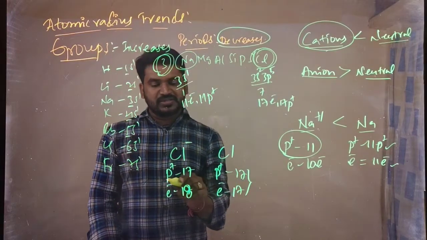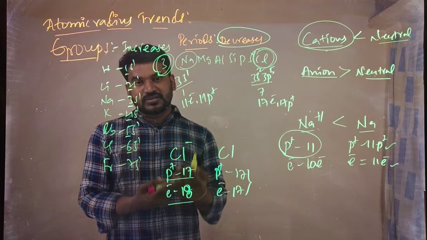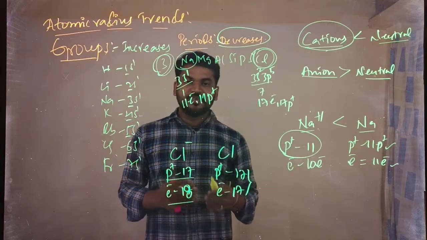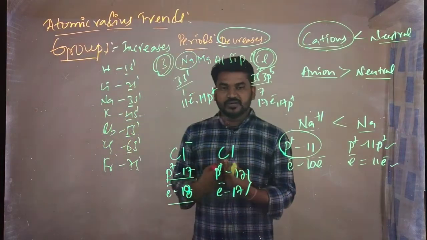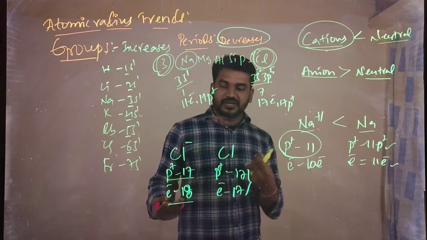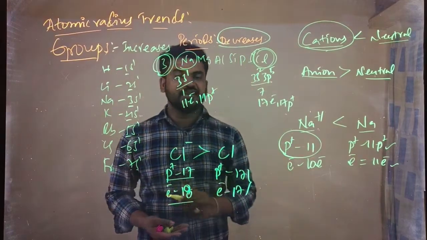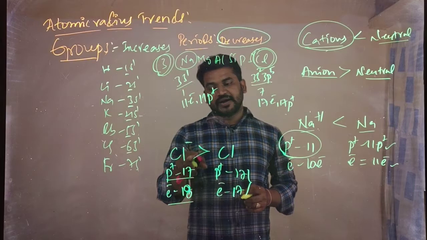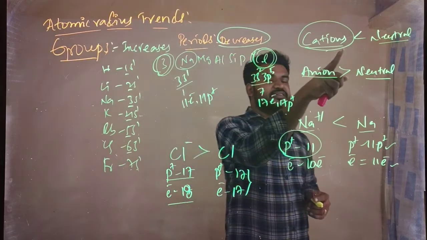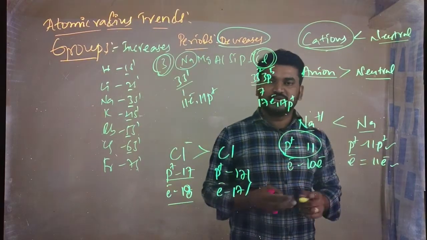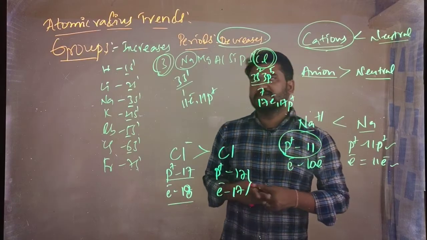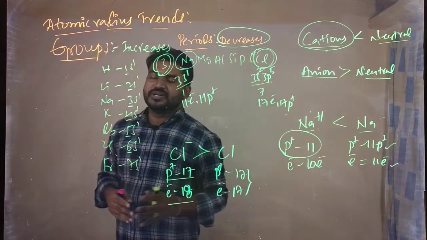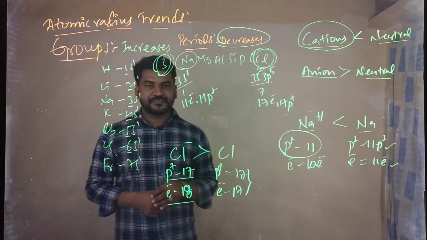Here there are 17 protons and 18 electrons. 18 electrons means the electrons repel each other and the nucleus pulls less, so they spread outside and the size of the anion increases. That is, anions have more size and cations have less size compared to the neutral atom. Okay, so these are the things we need to remember on the topic of atomic radius.